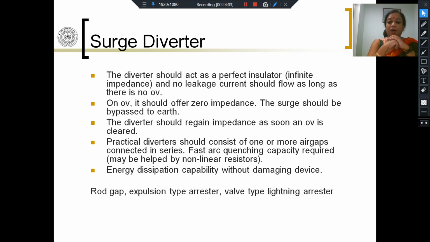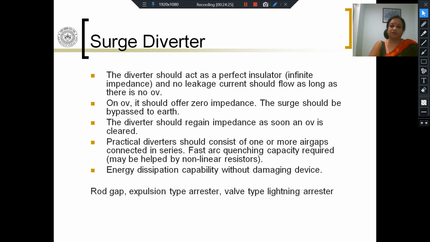We might also add nonlinear resistors in parallel to aid this process. Also, whenever you have this short circuit, there is arcing, and there is a lot of energy which is going to be dissipated. Therefore, our surge diverters should be capable of dissipating this energy without damaging the device.